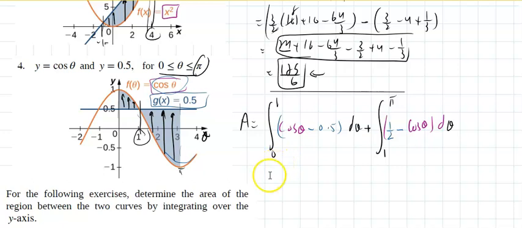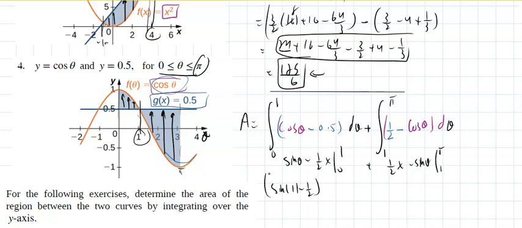All right, and again, this is the sine of theta minus 1/2 x evaluated from 0 to 1. This is 1/2 x minus the sine of theta evaluated from 1 to pi. So here you get sine of 1 minus 1/2 minus, if you put 0, that's a 0. And here you get half of pi.